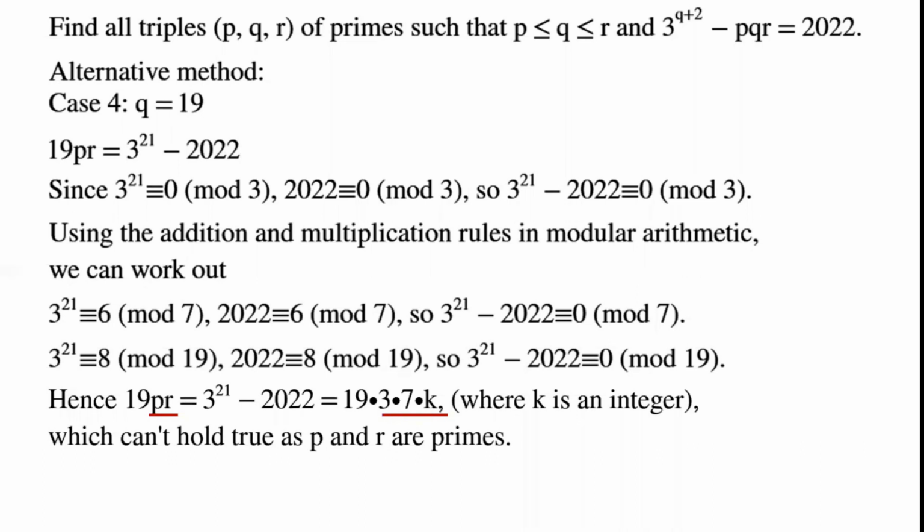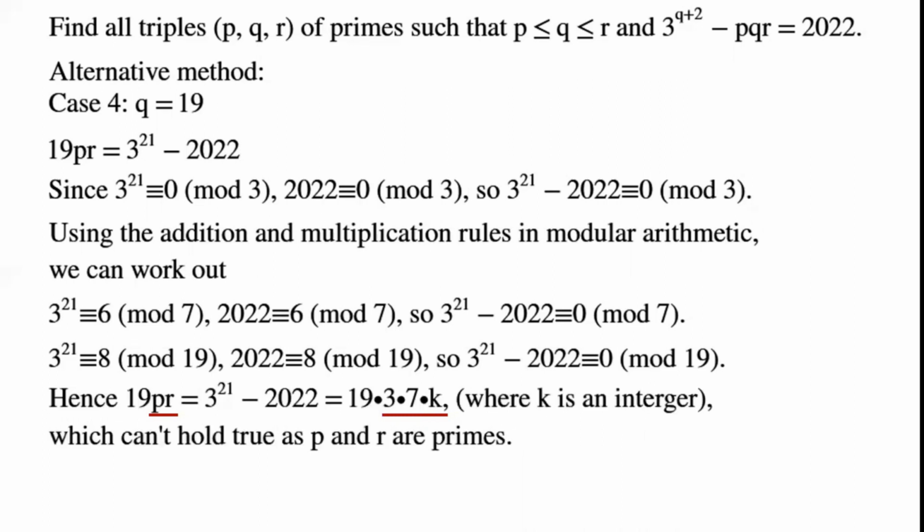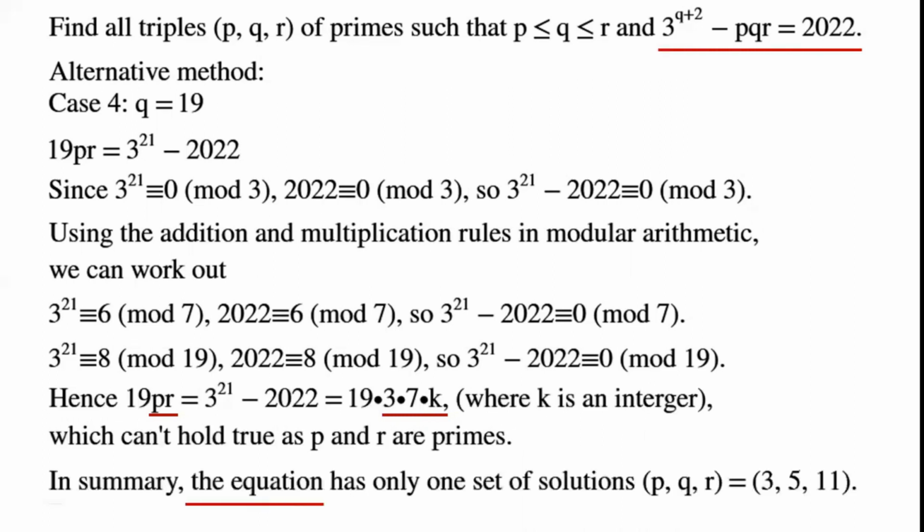K is an integer, which can't hold true as P and R are primes. In summary, the equation has only one solution, P, Q, R equals 3, 5, 11.